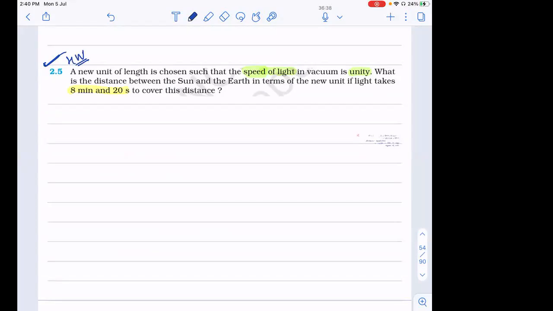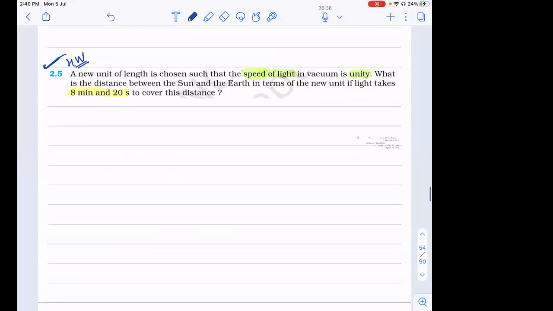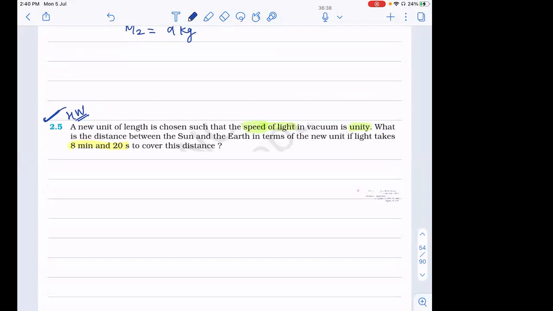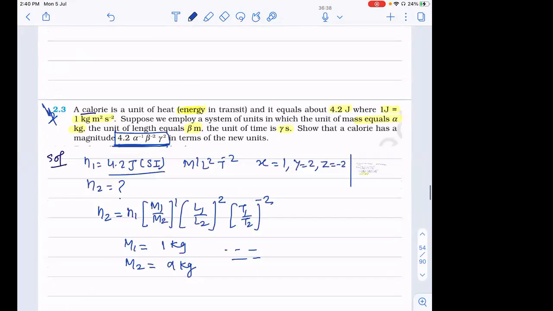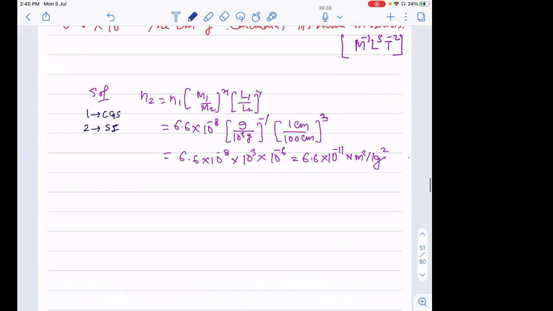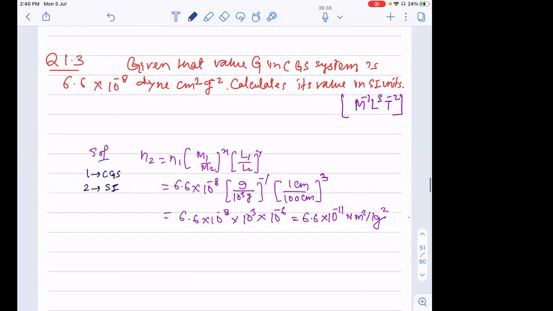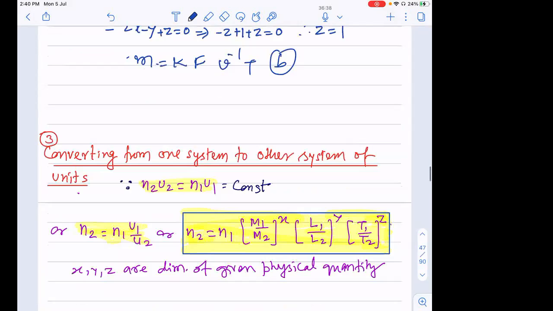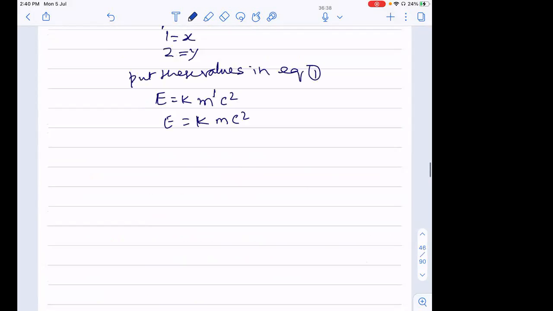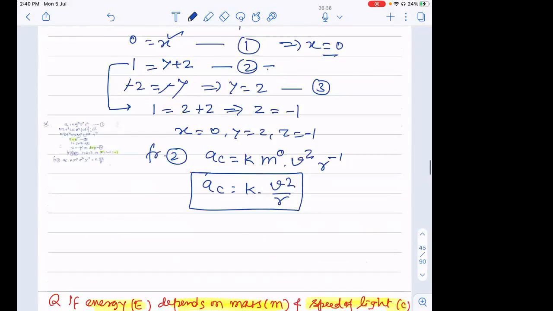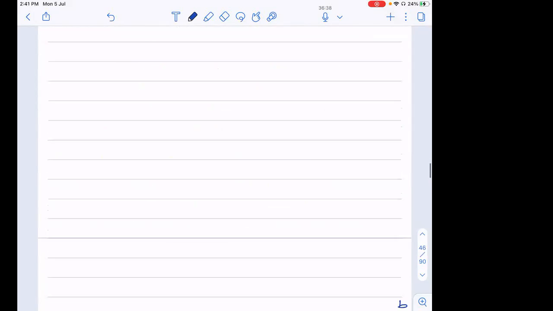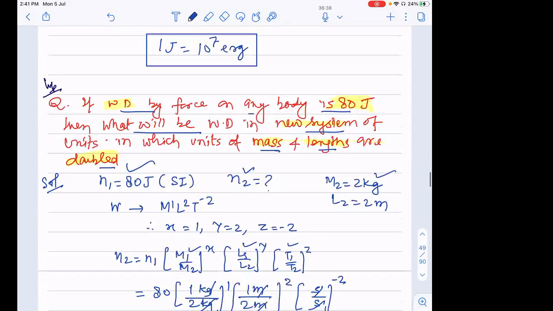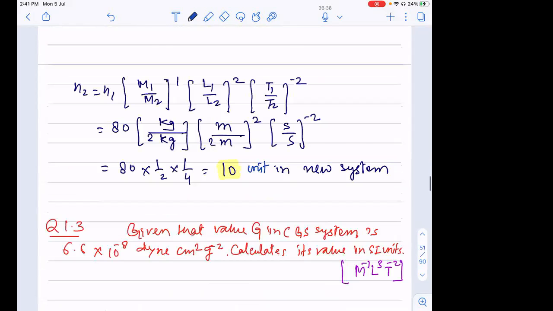Only note down the number; you can take it down from your textbook. And what about this? Your textbook problem, one more was there. This one.